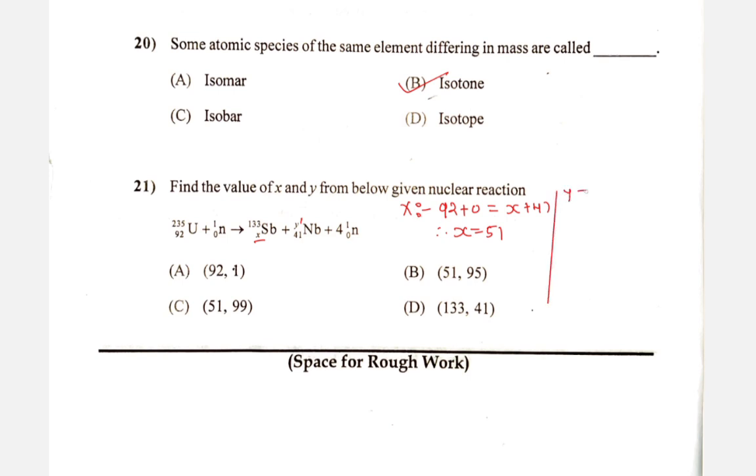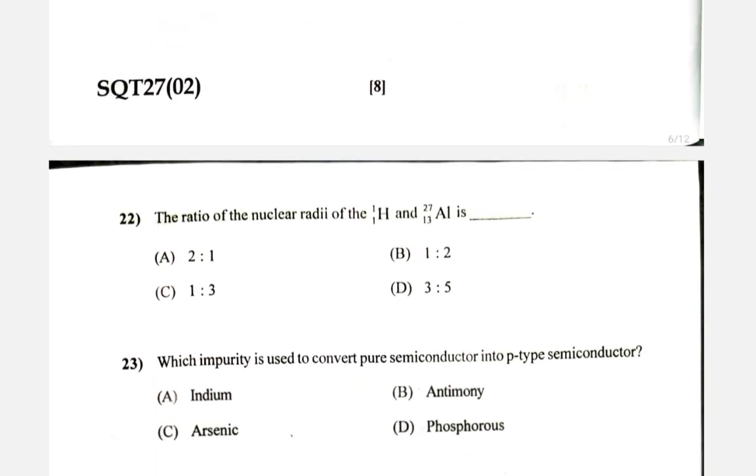For y we again compare, 235 plus 1 is equal to 133 plus y plus 4. Therefore y is equal to 236 minus 137, which is almost equal to 99. Answer will be C. Next question.